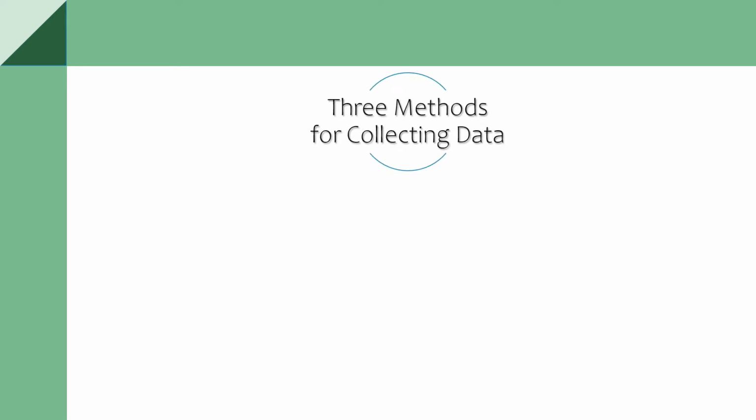There are a variety of ways in collecting data, but one of the most common methods is through the use of survey. A survey can be done by using a variety of methods. Today, we're about to discuss three methods for collecting data, specifically in terms of survey.